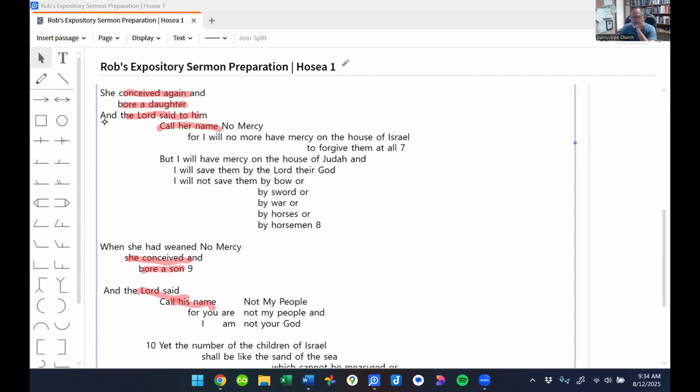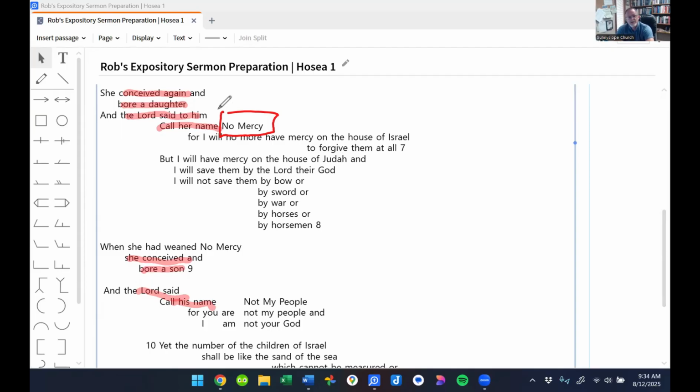So the first name that we get is going to be No Mercy. Now, I don't know how you chose the names for your kids if you happen to have kids. You maybe name it after a family namesake, or you give it a name like Grace, or a name that has some kind of nice meaning to it. And here's Hosea. He's given a name. Yeah, I want you to name your kid No Mercy.